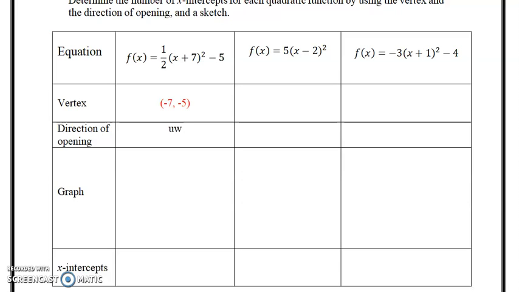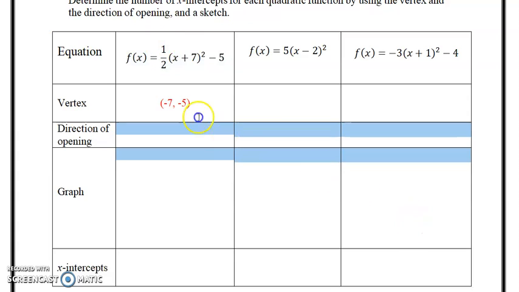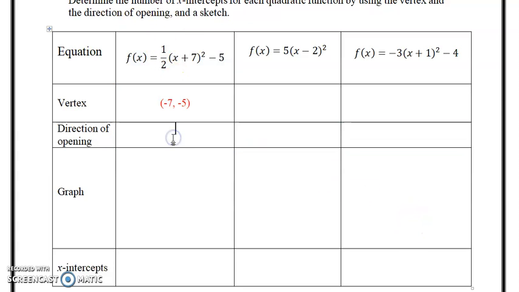It would open upward because your a value is positive. So remember, if the function at the very beginning is positive, it opens upward. If it's negative, it's downward. All right. If the vertex is in here, this would mean it would be in quadrant 3. It opens upward, so it would have 2 intercepts.